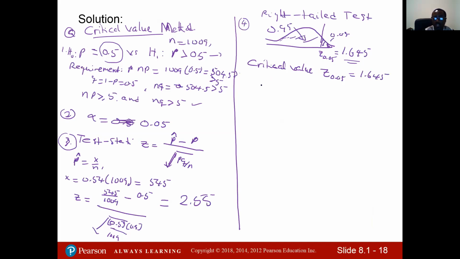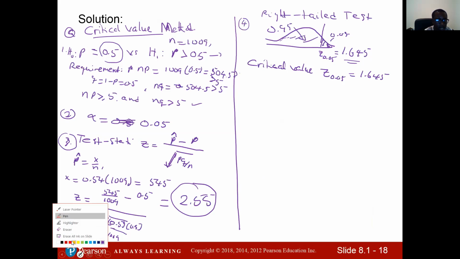If I compare this with my test statistic, which is here, you see that the test statistic falls within that region. The test statistic is somewhere here, which is 2.55. It falls in the rejection region.